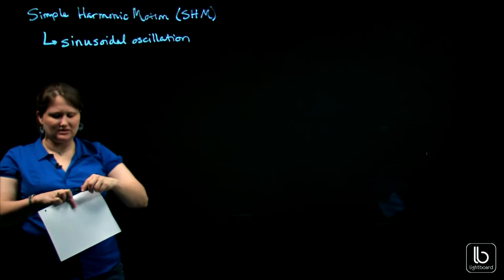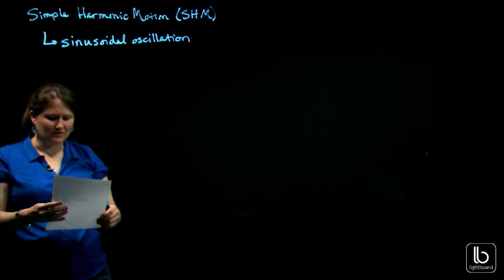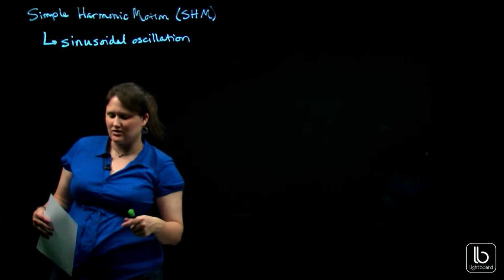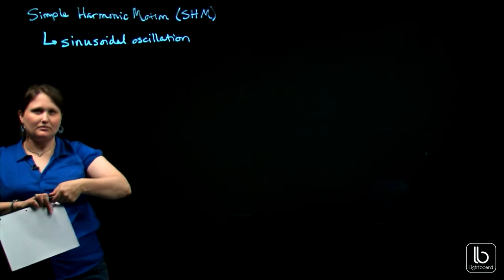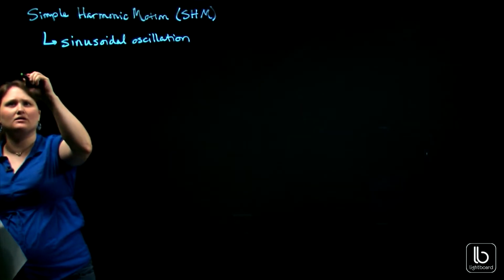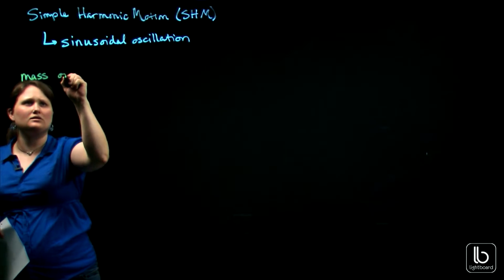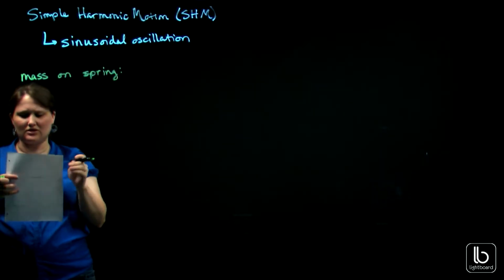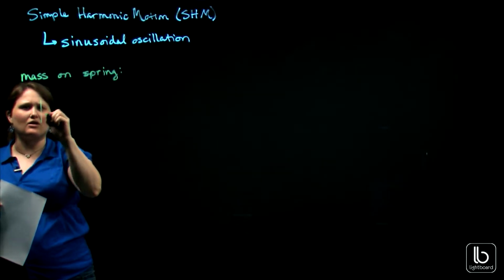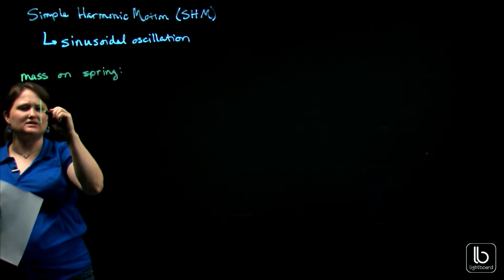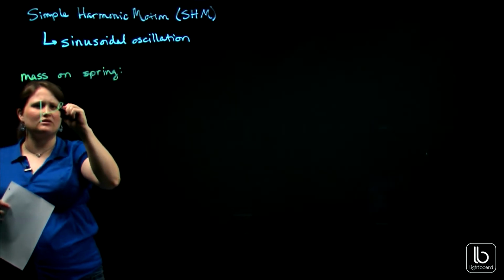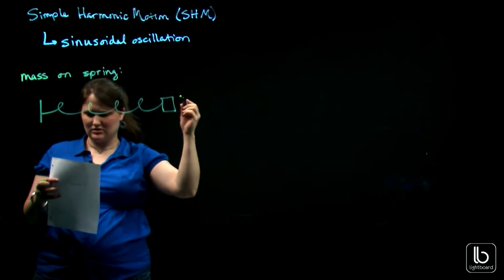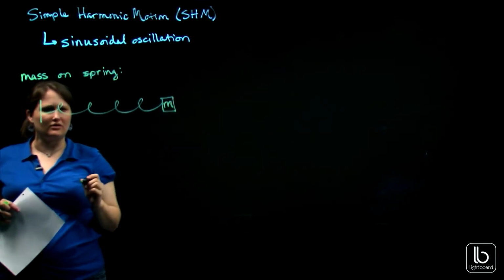So let's look at an example of something that may not appear immediately to be sinusoidal. Let's look at a mass on a spring. So to start with, we're going to take our mass on a spring and we're going to stretch it out. So this will be our mass.